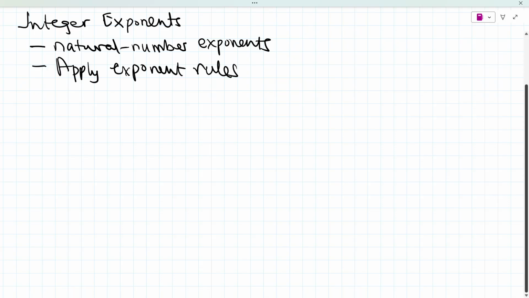The question is, what are natural number exponents?